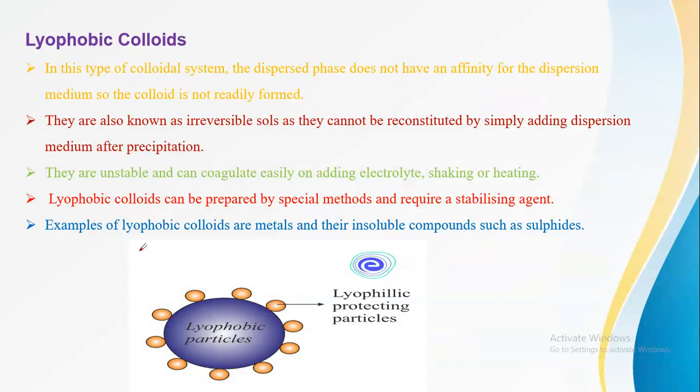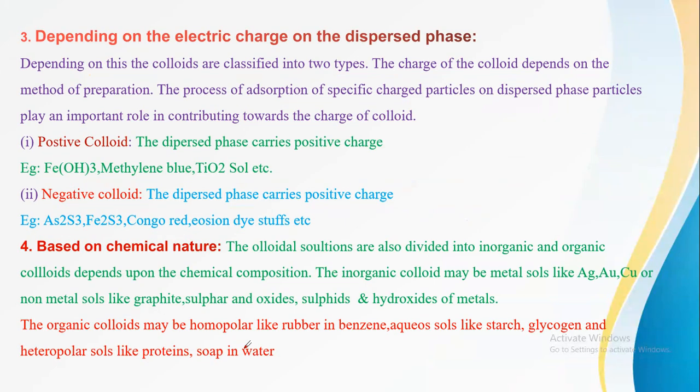The examples of lyophobic colloids are metals and their insoluble compounds such as sulfides, hydroxides, etc. And in this picture, we can see how the lyophilic colloids protect the lyophobic particles from coagulation. This is the second type of colloidal solution.